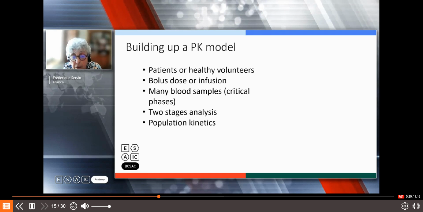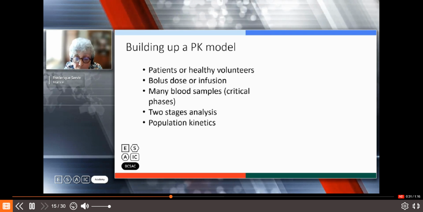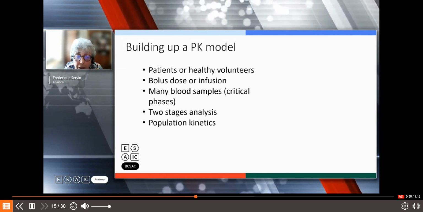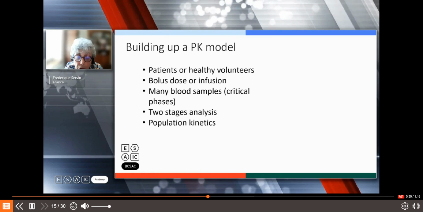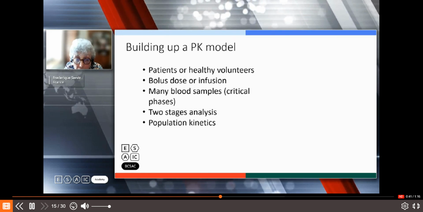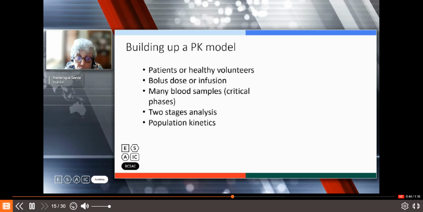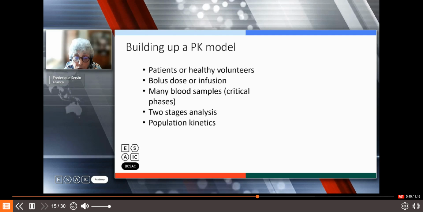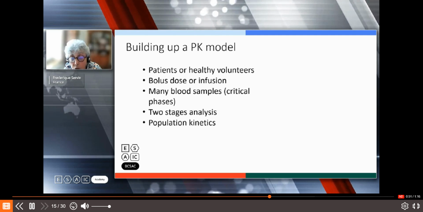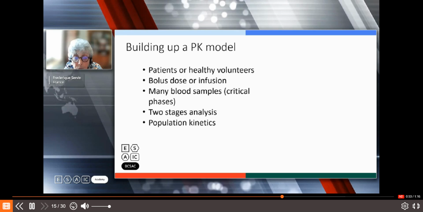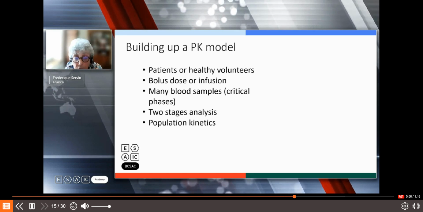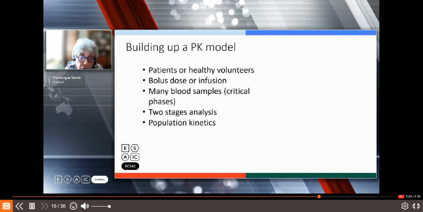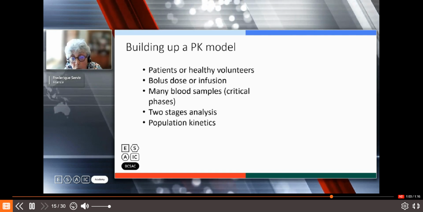Two-stage analysis means that you will analyze separately all the curves of all your patients and define their individual parameters, which you can afterwards pool together to calculate a mean parameter for your population. This has been used a lot to study, for example, elderly versus young patients, or renal failure or liver failure patients as compared to normal ones.